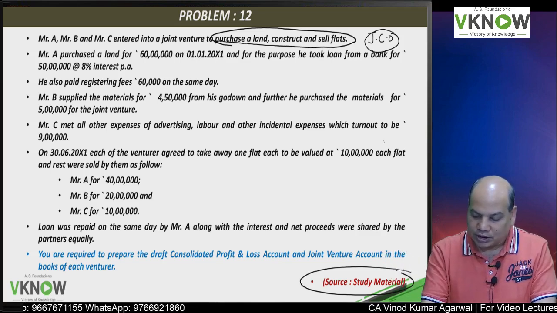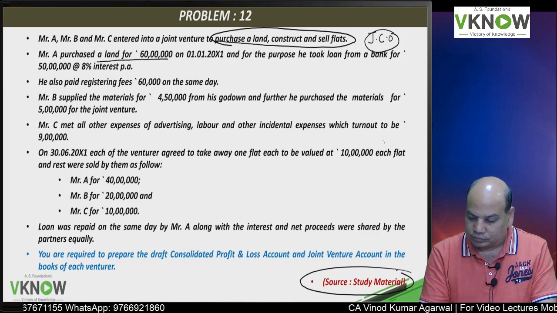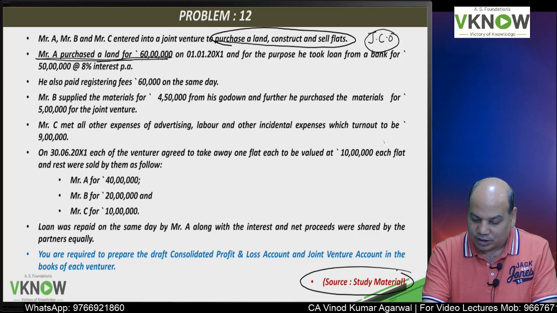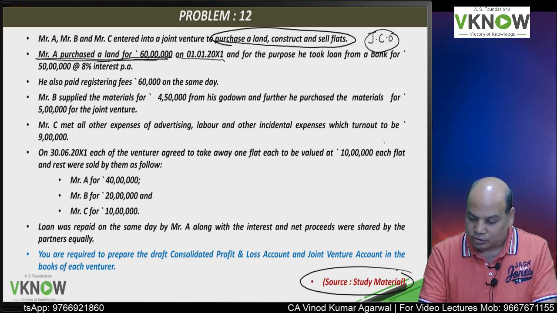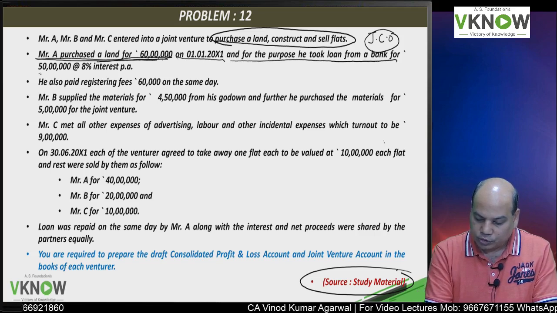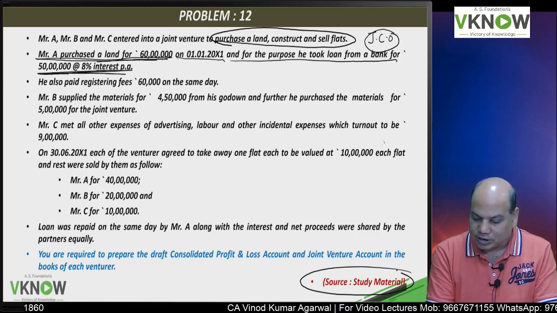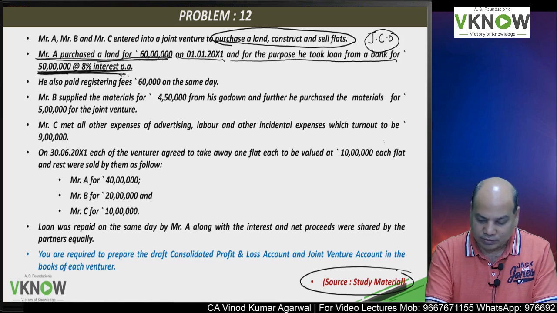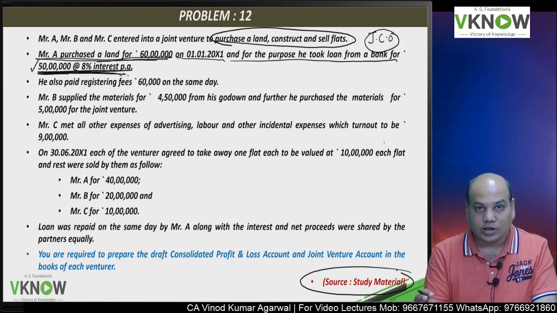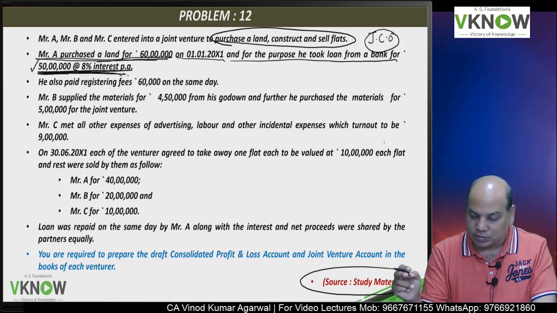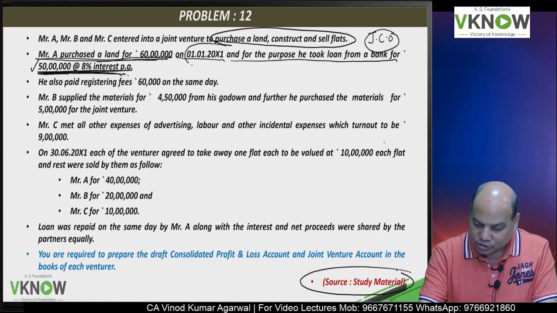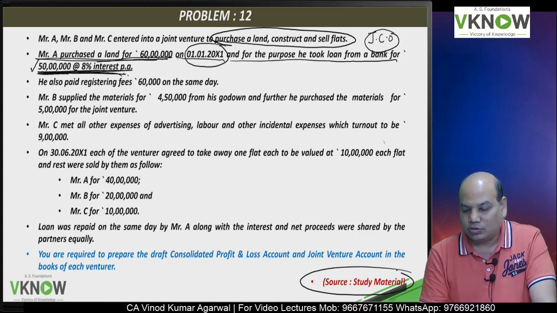Mr. A purchased the land for 60 lakh. So A's duty is to go and buy land from the market on 1/1/2000, and for this purpose he took a loan from a bank for rupees 50 lakh at 8% interest. Tick mark. So you will have to compute interest on 50 lakh at 8% per annum, and this activity started on 1st January 2001.